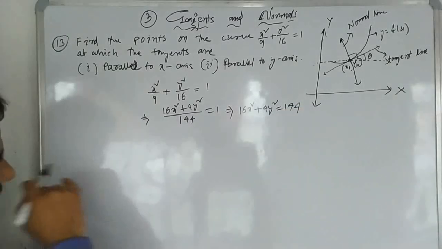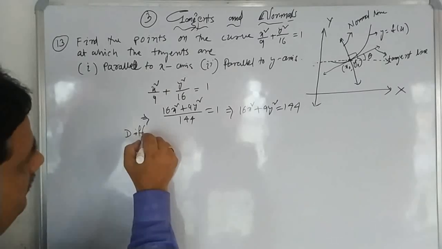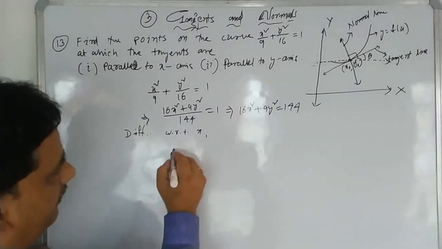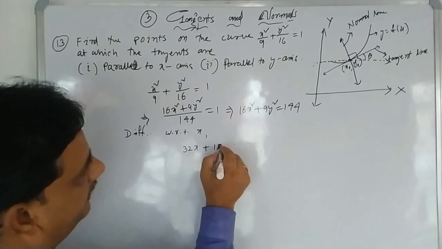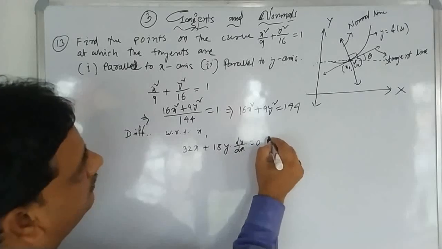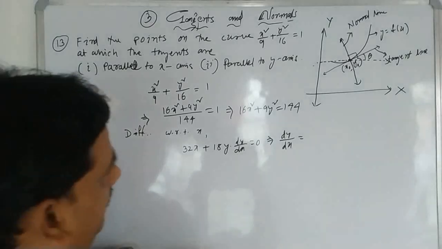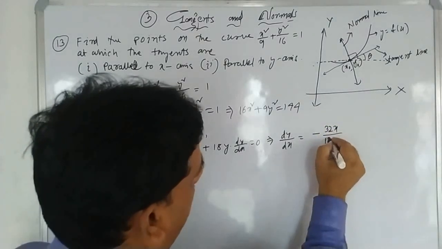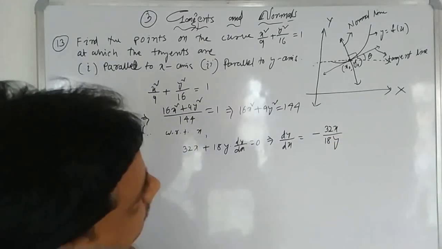Okay, the equation. Now differentiating both sides with respect to x, we have 32x plus 18y dy by dx is equal to 0, or dy by dx is equal to minus 32x by 18y.